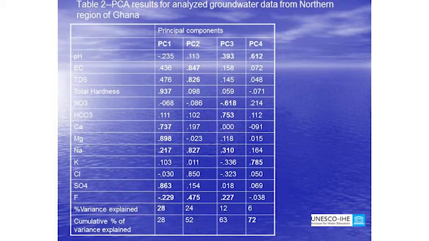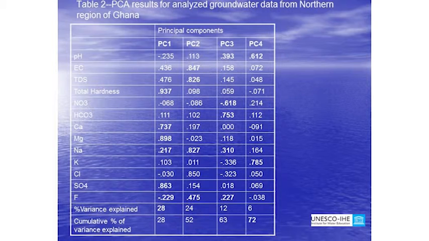The principal components, 1, 2, 3, and 4, can be interpreted in terms of water-rock interaction, depending upon the weights. The figures that we see there are component weights, and they relate the original parameters to the principal components. If you take, for example, principal component 1, we see that it has a high loading for calcium, and then magnesium, and then sulfate. I tried to highlight that.